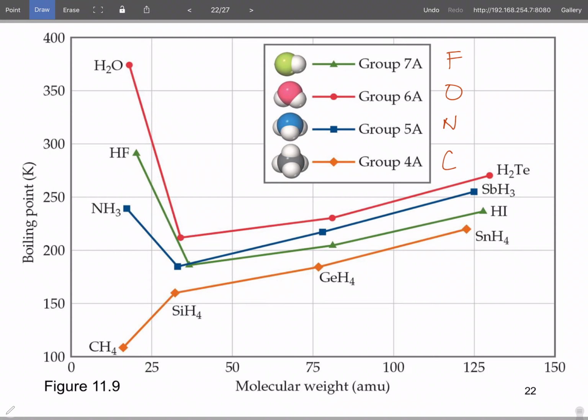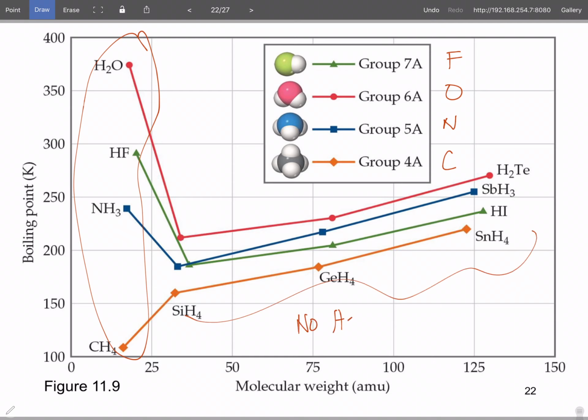So what you'll notice is that there's a huge increase here because of the difference of electronegativity and the ability to hydrogen bond. And then from here we drop off because there's no hydrogen bonding. Okay, now as it increases in size, you increase the London forces. But small molecules with no intermolecular forces don't have much.